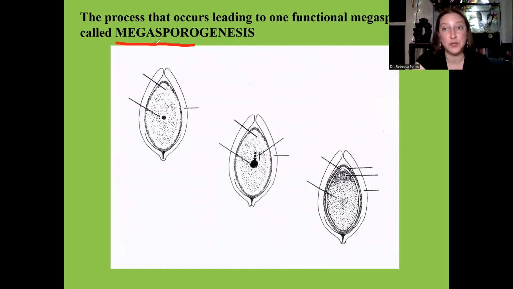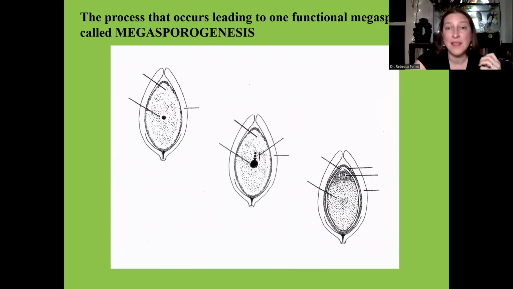These spores that are going to grow the female gametophyte plant, because spores grow gametophyte plants. Genesis, we've already come across in this class, not today's class, but in previous ones, means the generation of, or the beginning of. And so Megasporogenesis is the process which is going to generate megaspores. And we only have 1 functional one at the end.